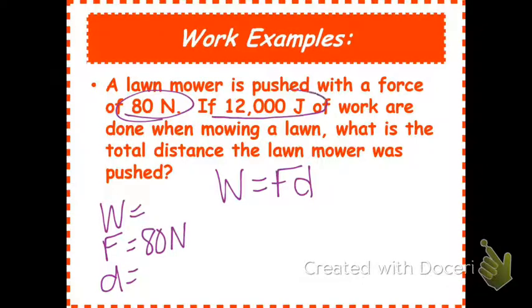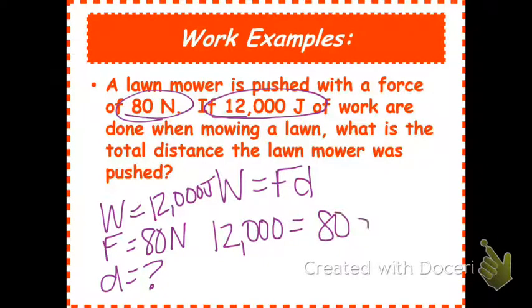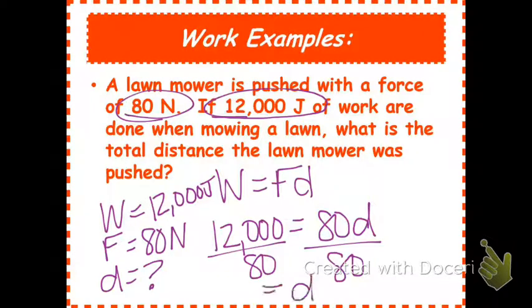In this case, though, they give us 12,000 joules, so 12,000 joules is the work being done, and we want to find the distance. Okay, so in this case, 12,000 is equal to 80 times d. So look at that, you have everything but the d. That means you're going to divide. So take 12,000 divided by 80. D is equal to 150. Distance is in meters. And there you go.